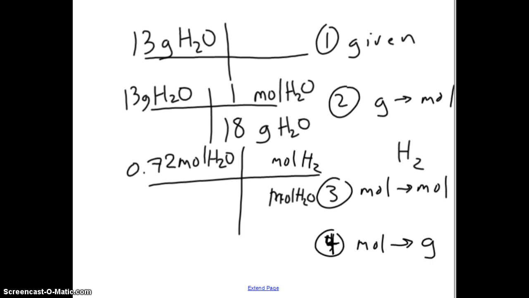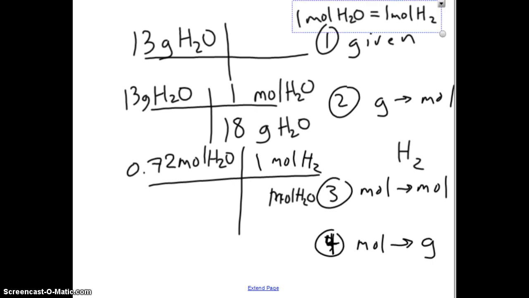All right, and we need to figure out what the ratio is between these two. Now, in class, I'm going to give you the information that 1 mole of H2O equals 1 mole of H2 gas. So this is the information that I've given you. In this ratio, I'm going to put a 1 in front of the moles of H2 because that is what it says in my equation.